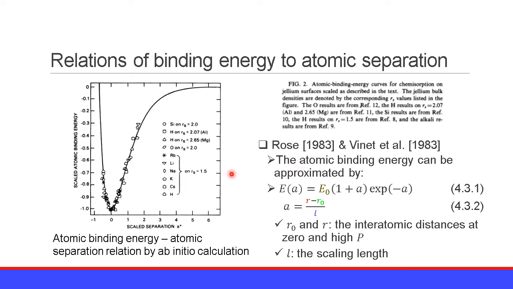This is from Rose 1983 and Vinet 1983. They derive Vinet's equation of state from this form of the atomic binding energy.